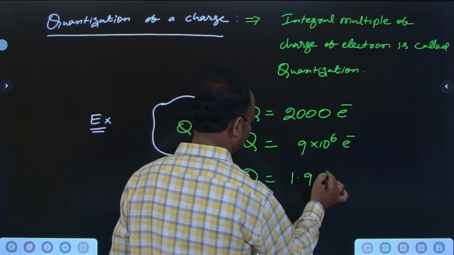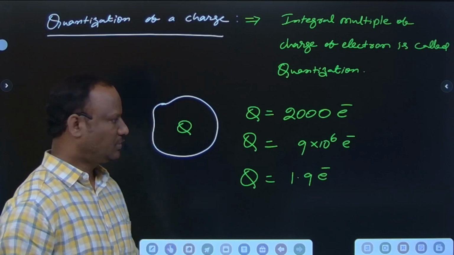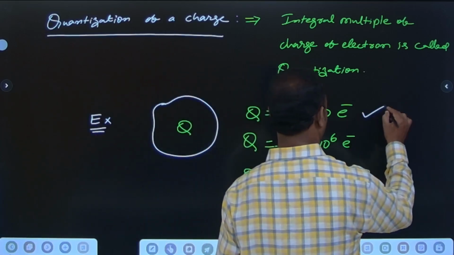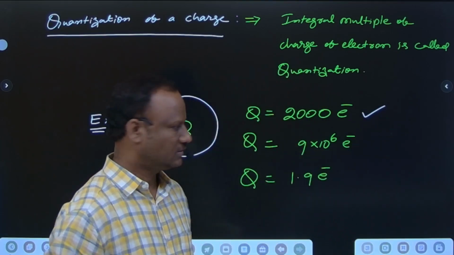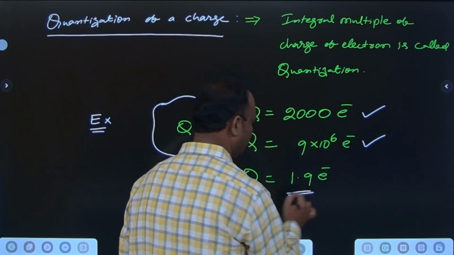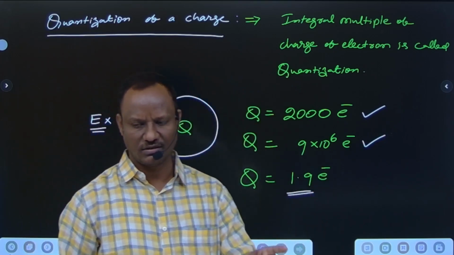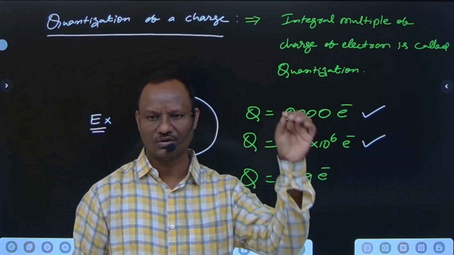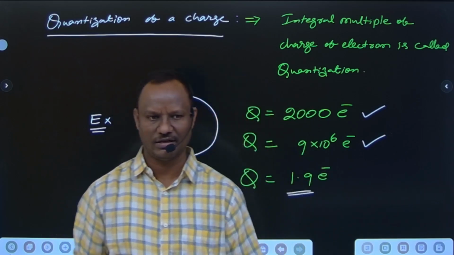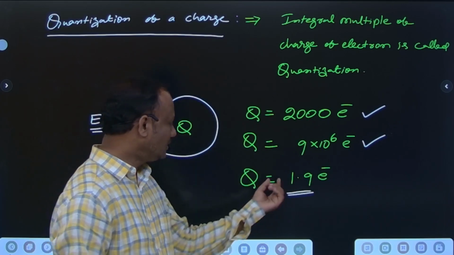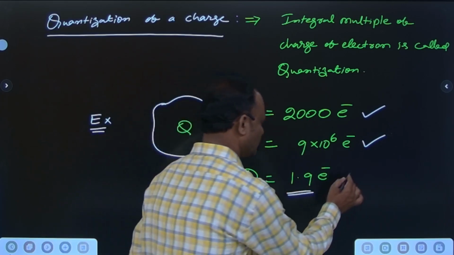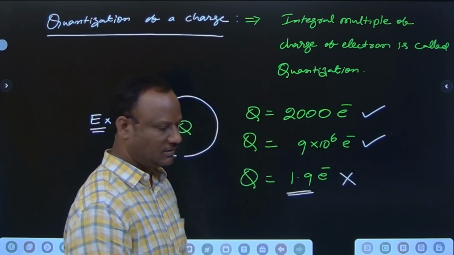The body contains 2000 electrons, that is the right thing. But 1.9 electrons? 1 electron, 2 electrons, 20 electrons, 1000 electrons, 20,000 electrons, 90,000 electrons are there. But how can the number of electrons be expressed as 1.9? It's not possible.